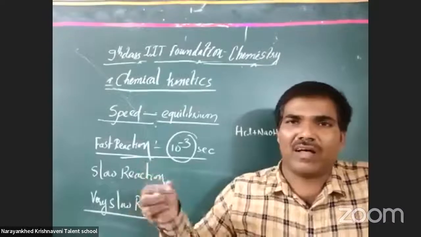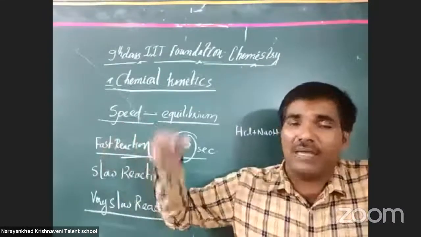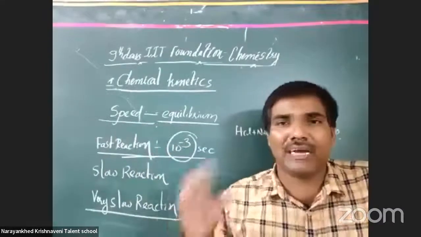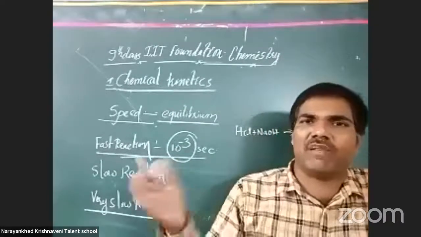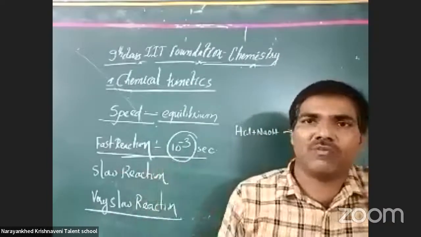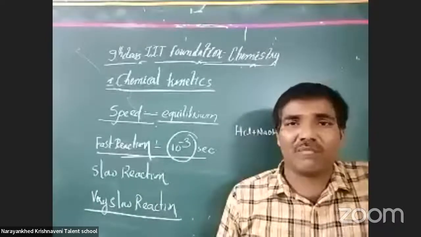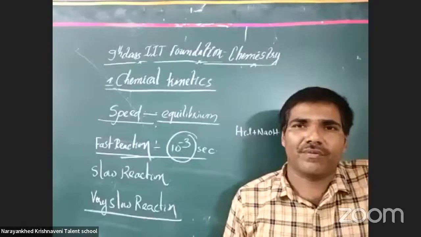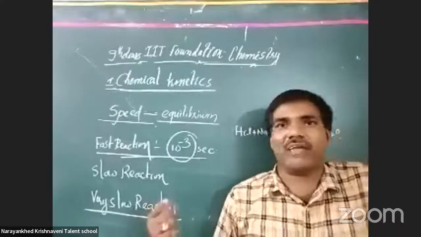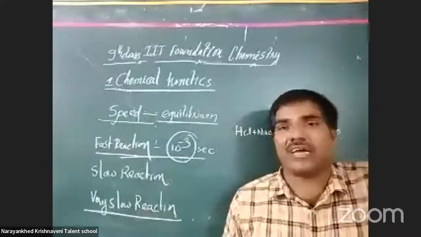When we add bases to the phenolphthalein solution, the pink color appears within fractions of a second only. It converts its color into pink, it does not take much time. Okay, clear or not? That type of all reactions are called fast reactions.